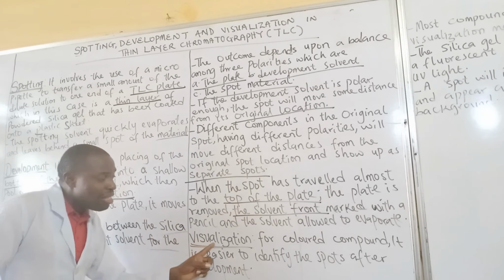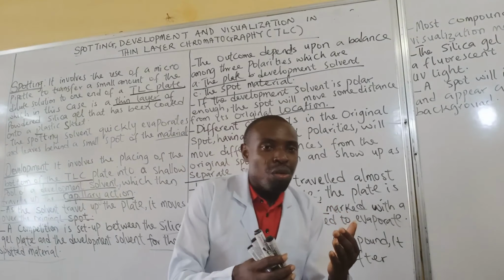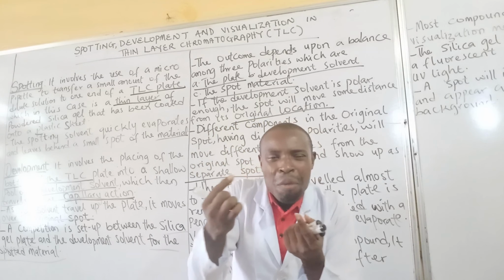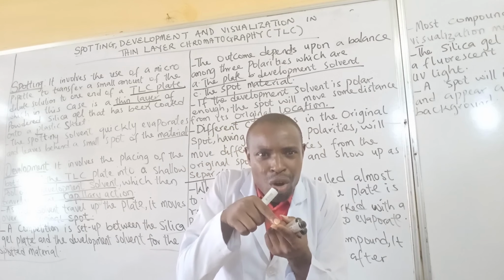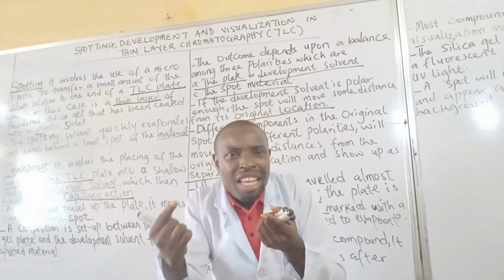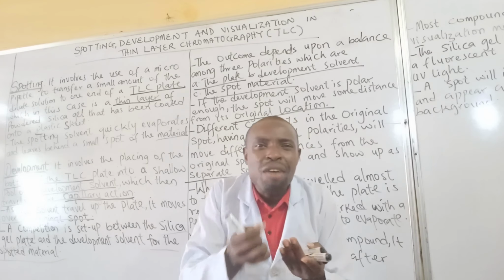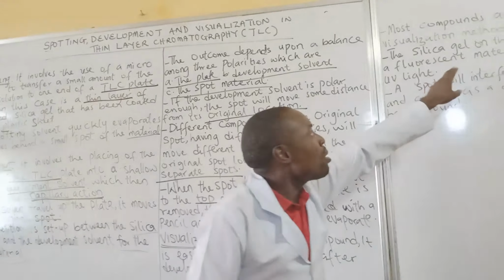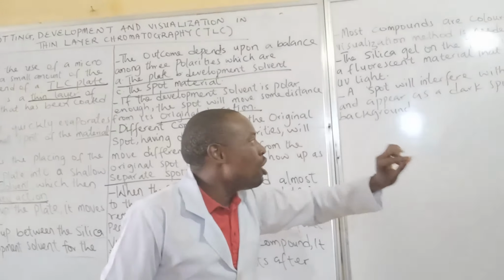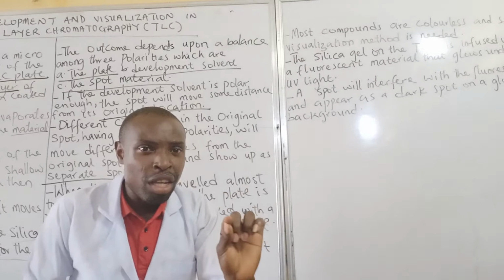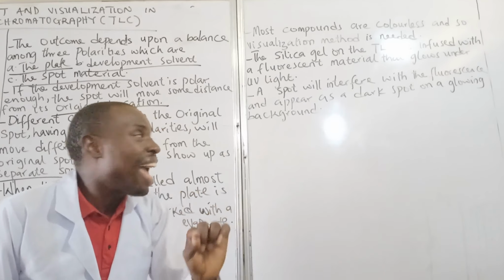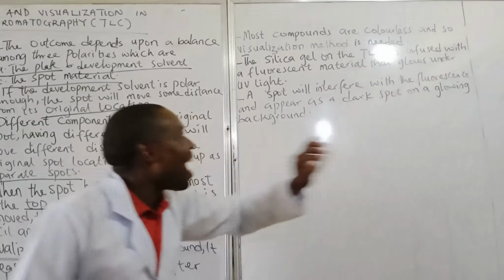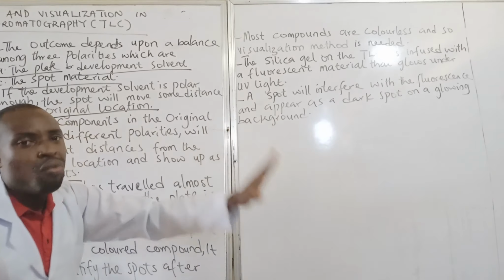So in this step, the silica gel is impregnated or infused with a fluorescent material that glows under the UV light, which is the ultraviolet light.